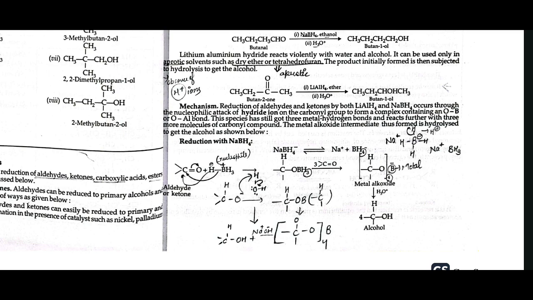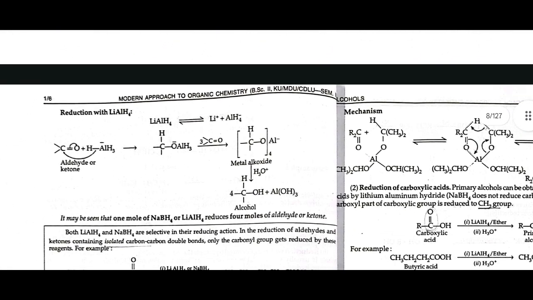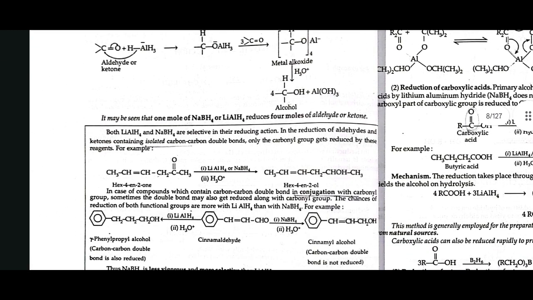The metal alkoxide intermediate thus formed is hydrolyzed to get the alcohol as shown below. It may be seen that 1 mole of NaBH4 or LiAlH4 reduces 4 moles of aldehyde or ketone.